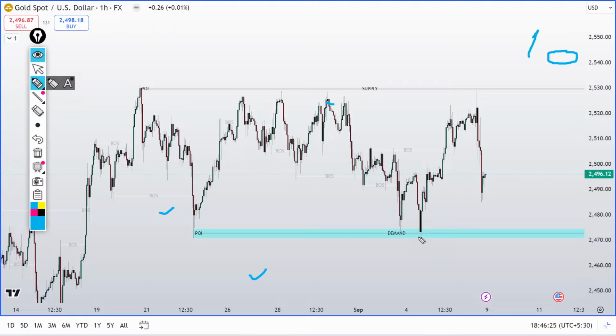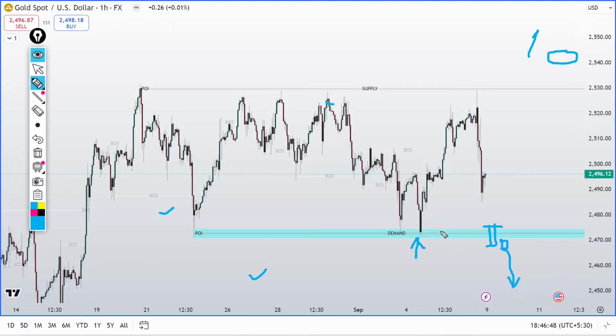This is the demand area right now. So the correction, or decline, will only be valid, or we can only look for sell, if we see a good candle close below this, and on confirmation only we can look for selling opportunities.